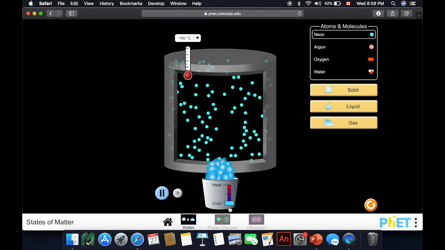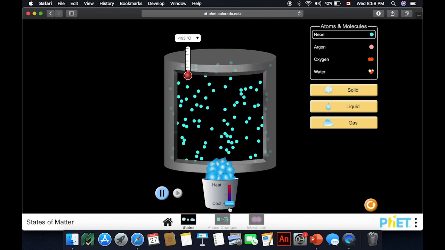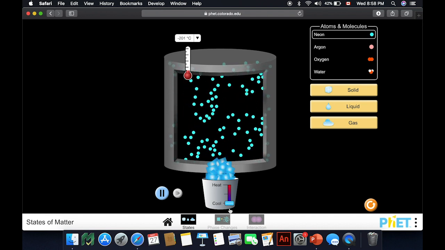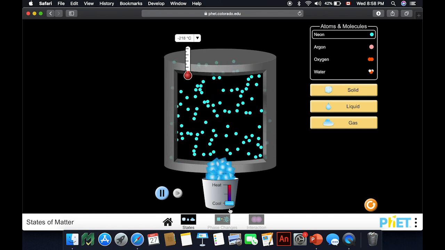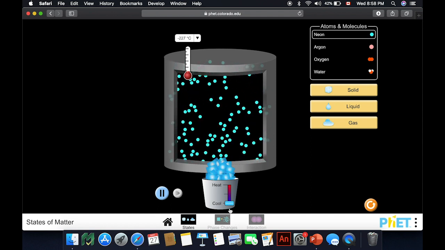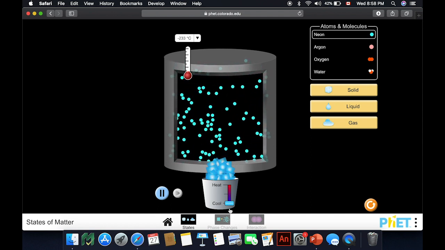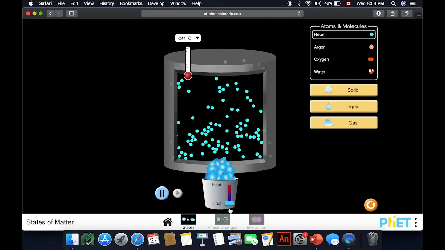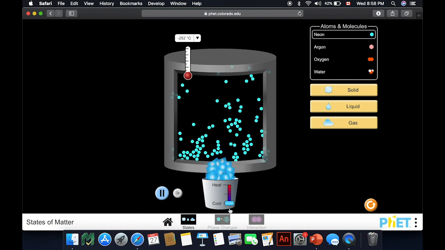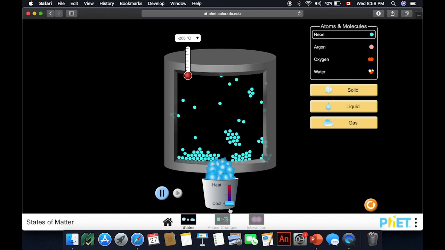Minus 90 is what I'm at right now. So I'm cooling it down to see if I can get it to turn into a liquid. As you can see, with thermal contraction the particles are slowing down, they're getting closer to one another, and they're slowly coming back together, so they're becoming more of a liquid.